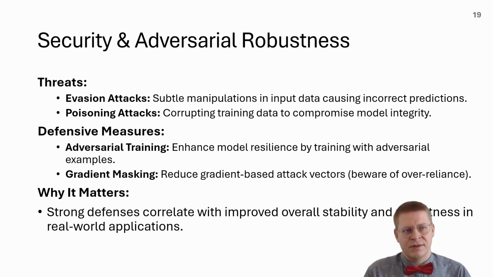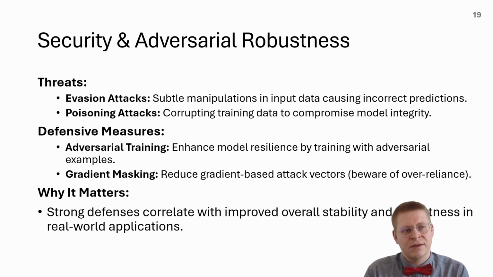Poisoning attacks, on the other hand, go after the training process itself by corrupting the data used to build the model. To counter these threats, adversarial training has emerged as a robust defense mechanism. By intentionally introducing adversarial examples during training, we can make models more resilient to similar attacks.